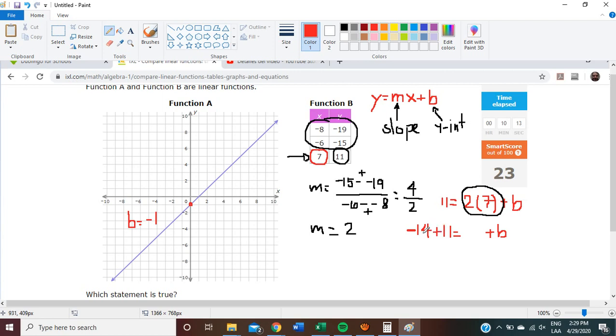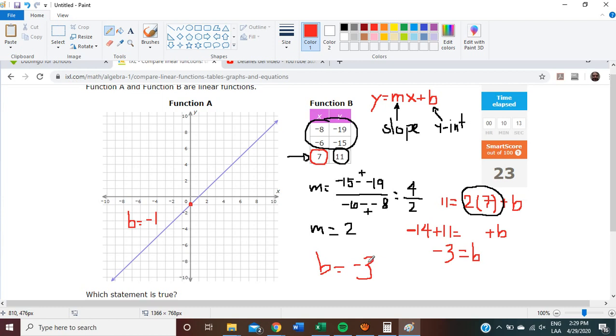So -14 plus 11 equals -3. So b, in this case, the value of b equals -3. So which one is greater, -1 or -3?